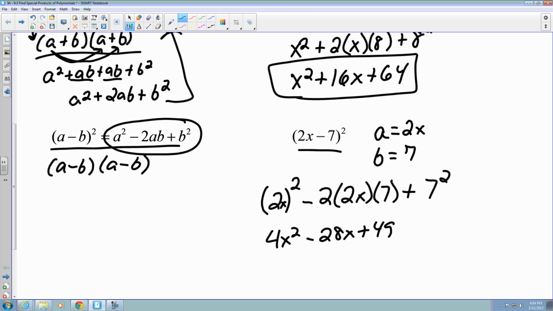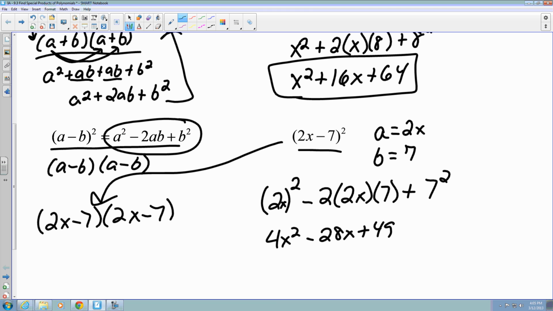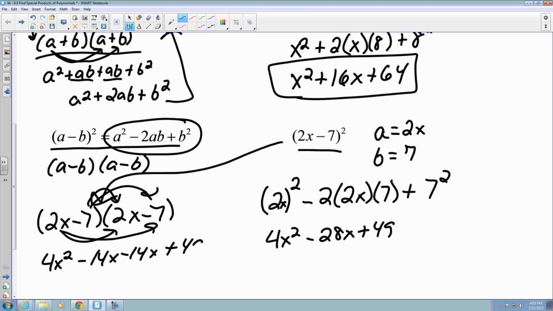Again, you can still use the FOIL method. So if I had 2x minus 7 times 2x minus 7, I could multiply here. I would get 4x squared. Here I'd have minus 14x. Here I would have minus 14x. And then here I would have plus 49.